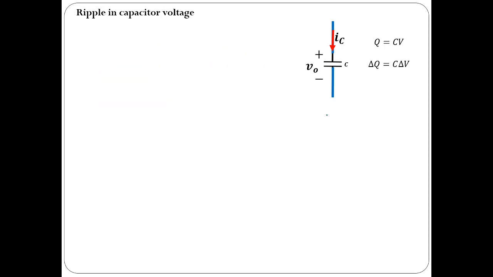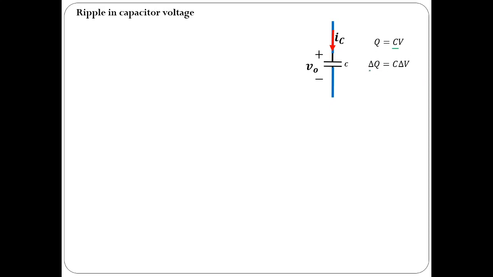For the capacitor, we know the voltage across the capacitor is V naught and its ripple can be obtained using this formula. We know the charge stored in a capacitor is Q equal to C into V, where C is the capacitance value, which is constant. And how do you find the ripple value? From this relation you can obtain this relation.